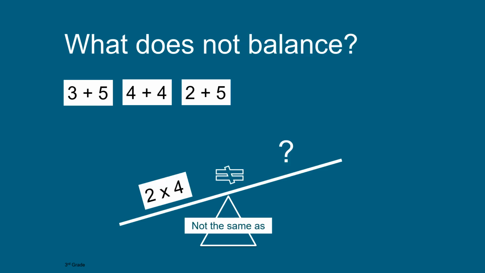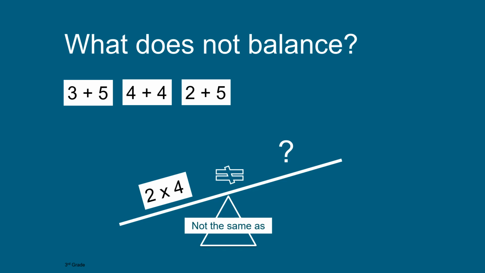Let's look at a number sentence that does not balance. If a number sentence does not balance, it means that it is not the same as or does not equal. What is not the same as or does not equal 2 times 4? 2 plus 5 does not balance with 2 times 4.